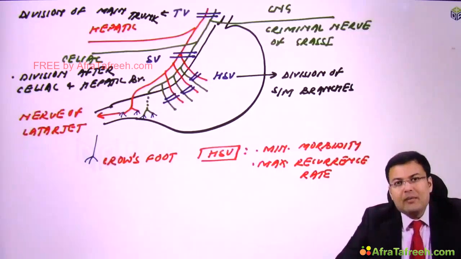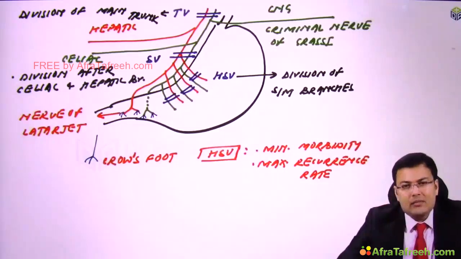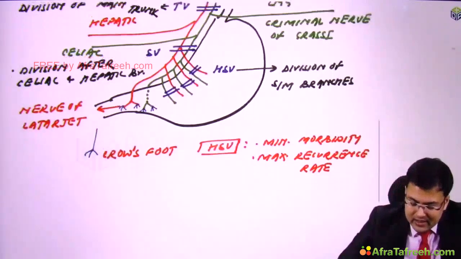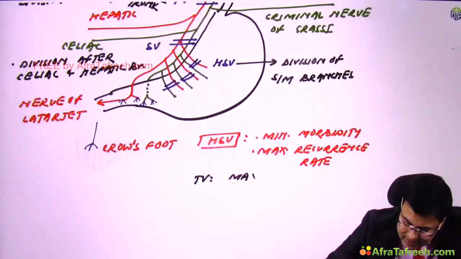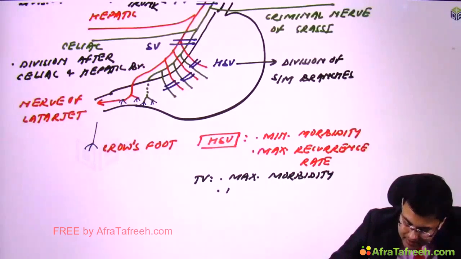So when I perform highly selective vagotomy, there is maximum recurrence rate because I'm just dividing the seromuscular branches. But just the opposite occurs in cases of truncal vagotomy. In truncal vagotomy, there is maximum morbidity, but there is minimum recurrence rate.